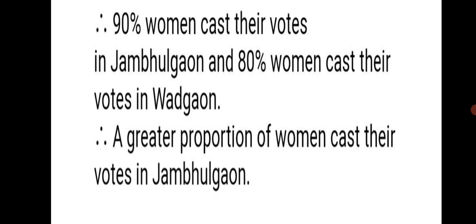The question asked here is who cast more votes? So the answer is a greater proportion of women cast their votes in Jambulgaon, because in Jambulgaon we can see the percentage is 90. So this way we have completed our practice set number 30 based on percentage.